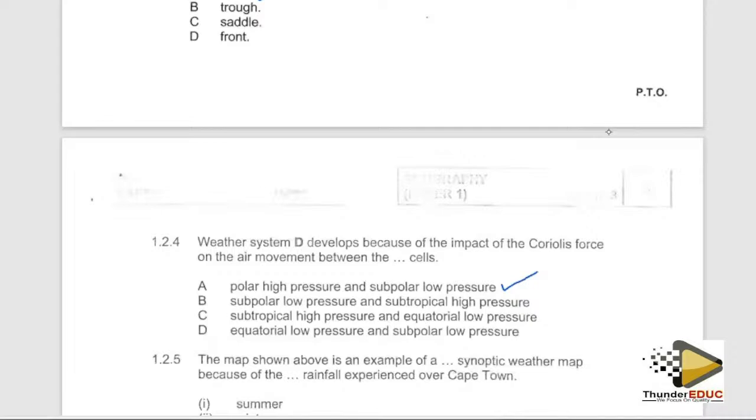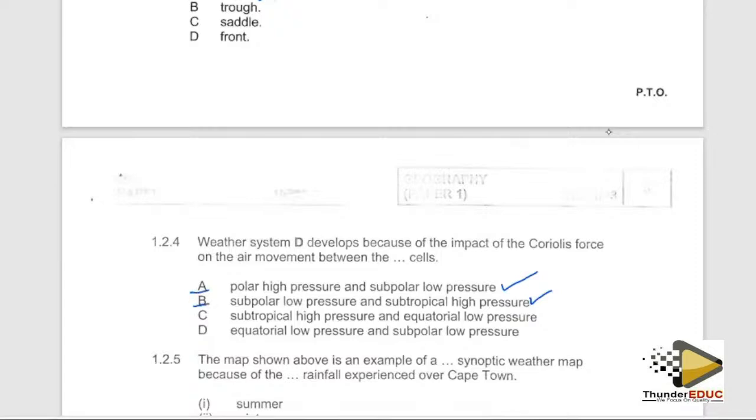And as well, we can talk about when they say the subpolar low pressure cell and the subtropical high pressure cells. I think option A and B, they are both correct.